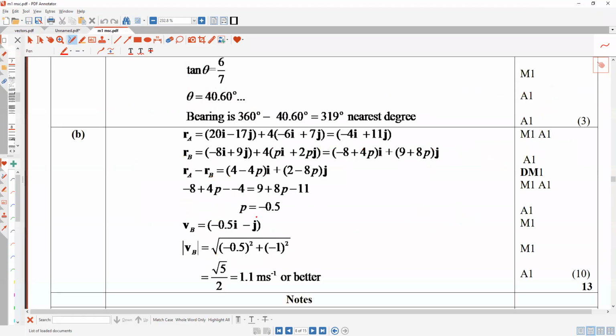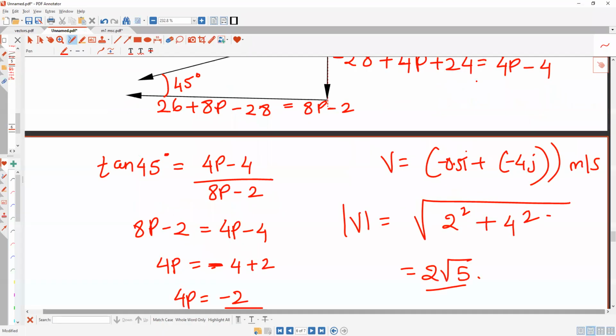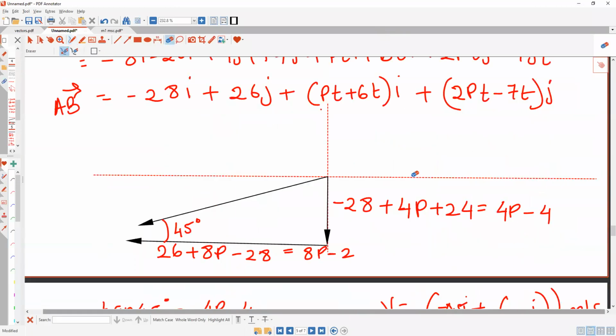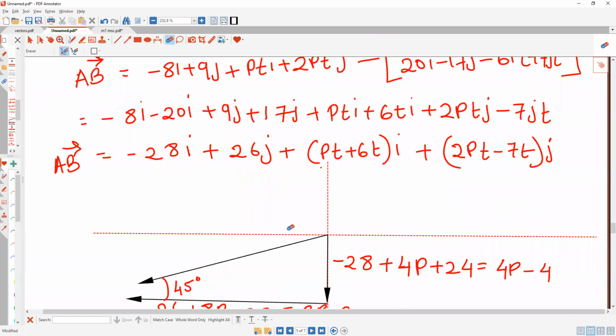So this is minus 0.5 P, right? Now put that over here. Minus 0.5 i, and the next thing is 0.5 into 2, which is going to be minus 1. So minus j, it has to be minus j.